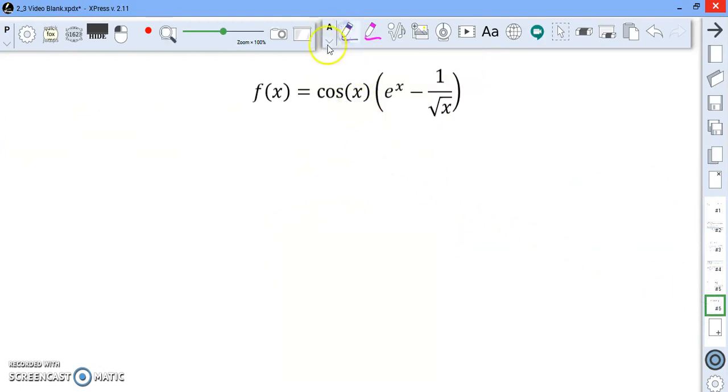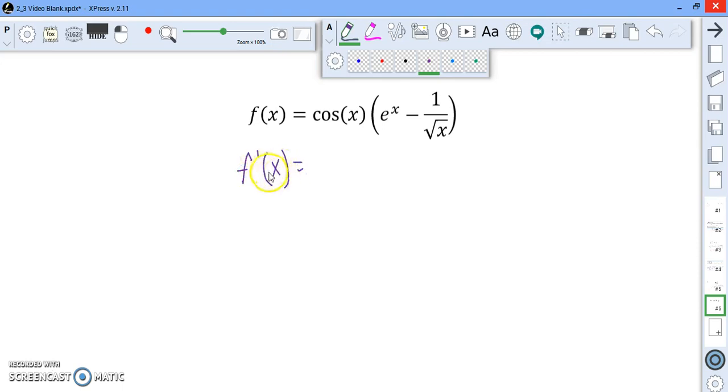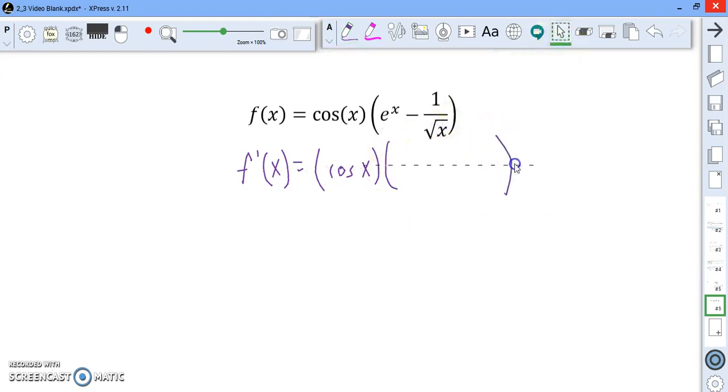I'll do one more. This one looks like a product rule. Why'd I put a product rule right after learning quotient rule? I don't know. Too late now. It's committed to the computer's memory. The derivative of this, I'm going to do product rule. I'll do first times derivative of the second, which for now I'm just going to leave blank because that's going to be a thing.